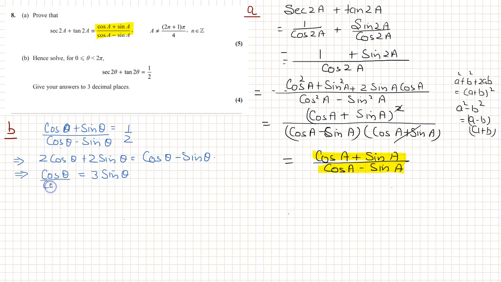Dividing over cos theta, it shows that minus 1 over 3 is equal to tan theta. So theta is tan inverse of minus 1 over 3. We have to check in radians.